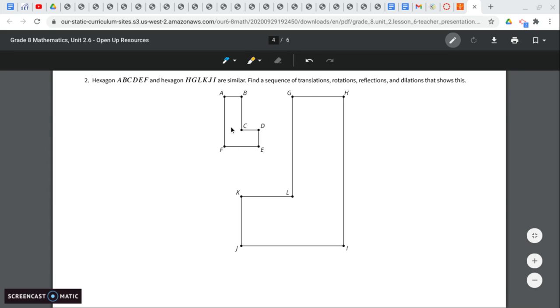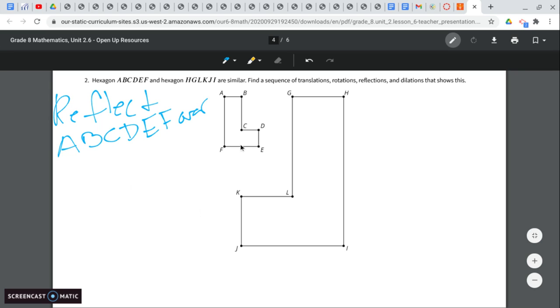So let's start with the smaller one. If we start with A, B, C, D, E, F, we can reflect it over a line. Obviously this one is facing this way and this one's facing the other direction. So reflect A, B, C, D, E, F over.